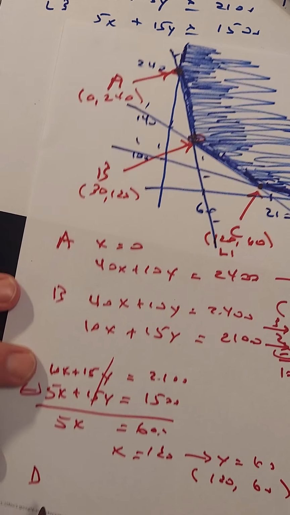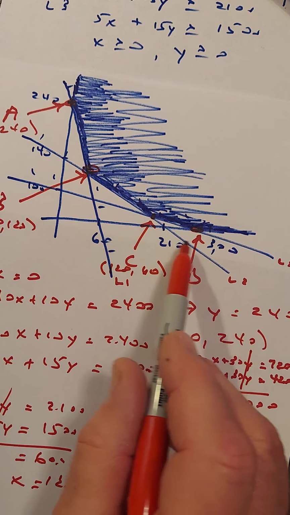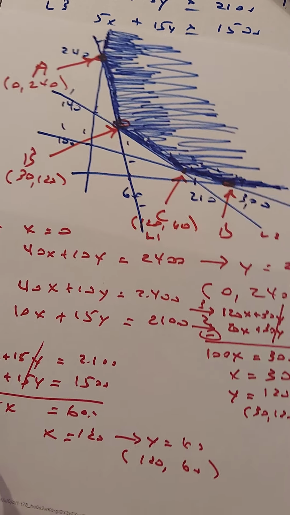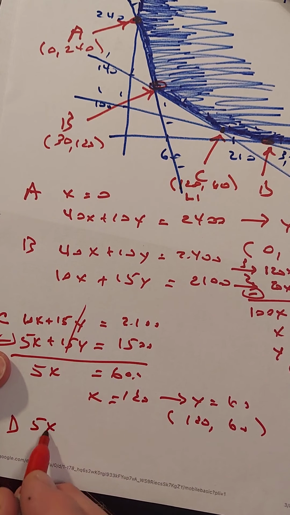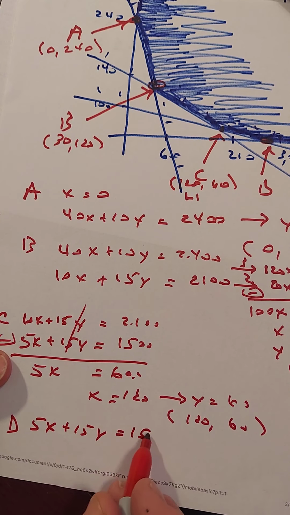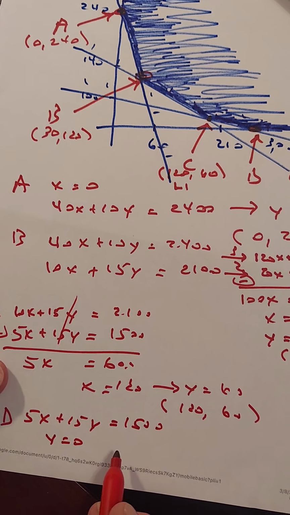And then point D is on L3. L3 was 5x plus 15y equals 1500. And it's also on y equals 0. That's the x-axis.